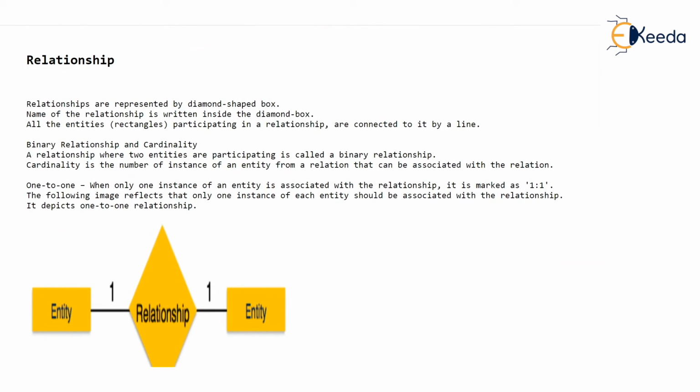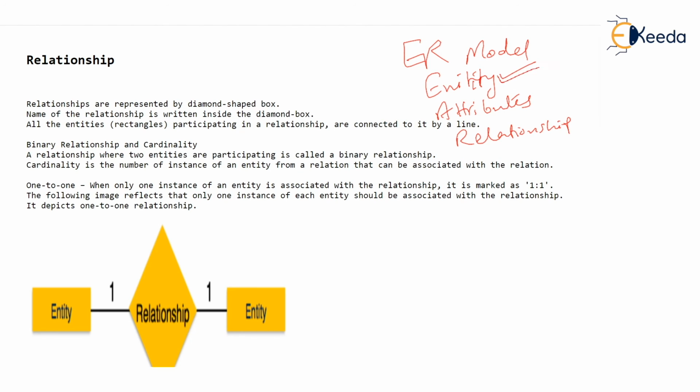I told you ER model is all about three things: entity, then attributes, and third, relationships. We have learned entities are nothing but objects, attributes are nothing but properties of entities, and we have seen many types of attributes. Now we are going to learn what we mean by relationship in the next video. Thank you very much.